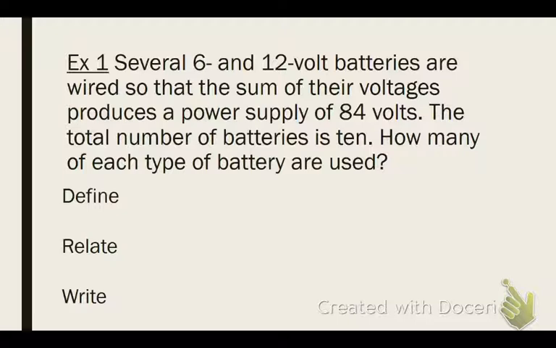So after looking at the question, type of battery. How many of each type of battery are used? So I'm going to let X equal the number. Maybe I shouldn't have underlined type, I just realized. Maybe I just should have underlined battery. How many batteries?